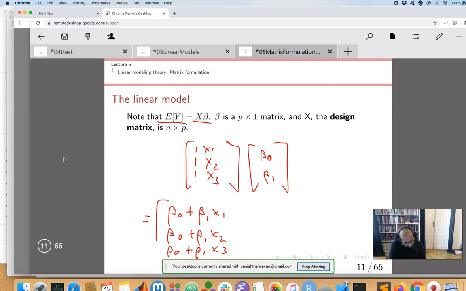That's the result of this matrix multiplication. So each of these rows is going to give me the expectation of each of the y values, y1, y2 and y3.